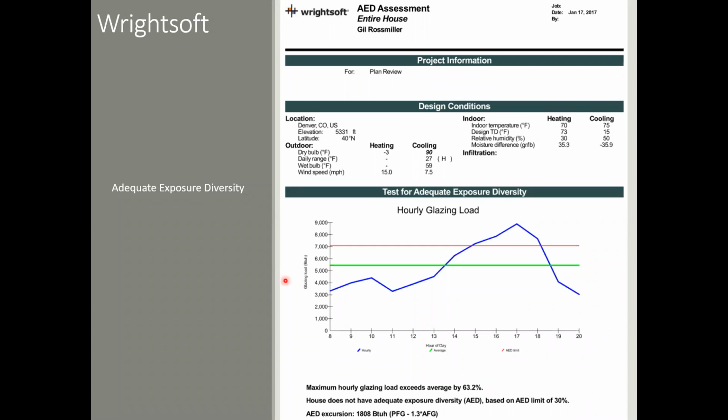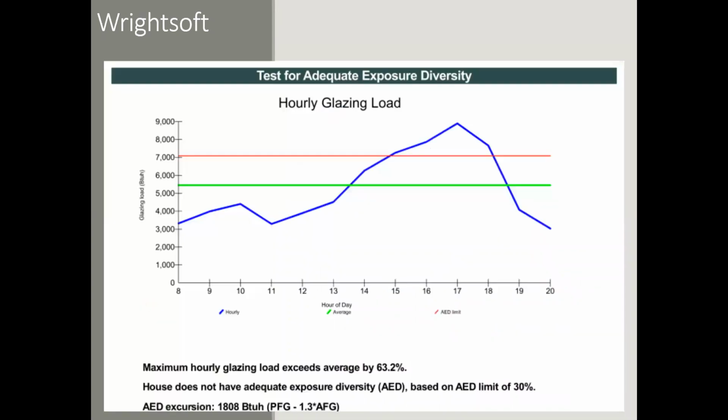This line is 30% above the average. Now it looks like it's still taking over. I'll see if I can stop that. And anything that's above this little arrow here, see, it's still doing it.